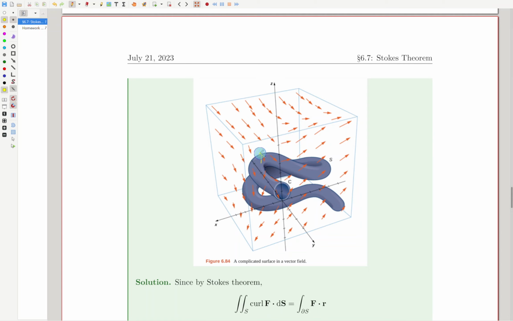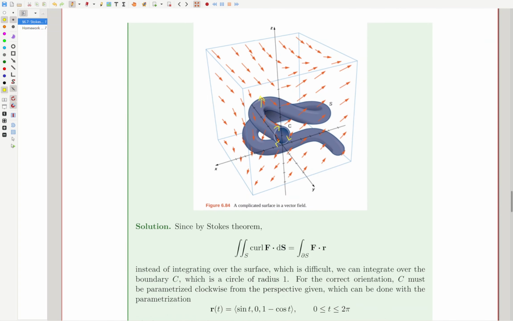Oriented outward. And then what that's going to induce is an orientation that goes, from our perspective, clockwise. I don't need to draw it as arrows, I can just draw little arrowheads like that. So it ends up being oriented clockwise from our perspective.